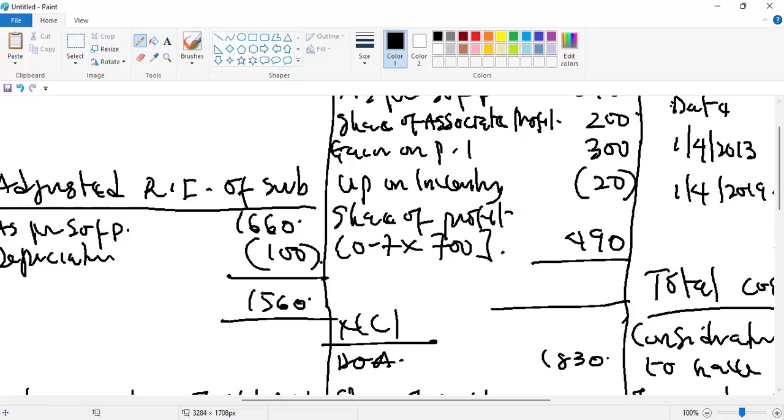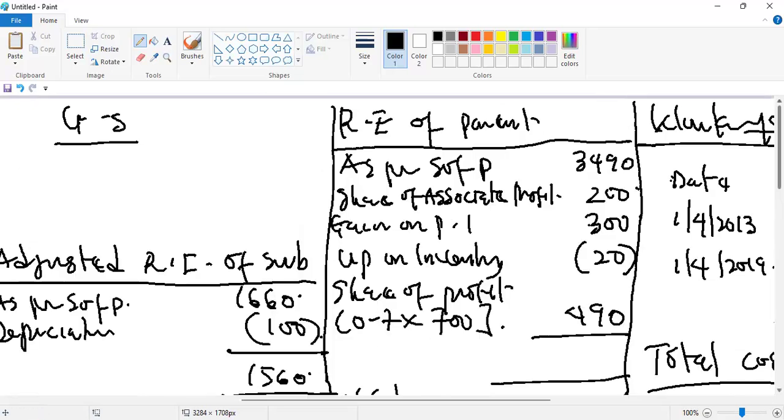So I can now add up: 3490 plus 500 minus 20 plus 490. That gives 4460. That's the end.